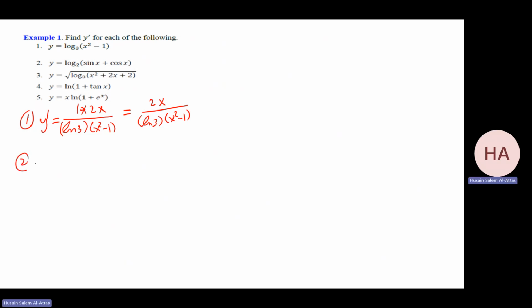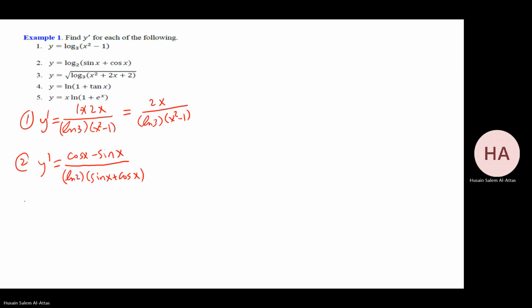Number 2, y prime will be what? Same idea. I have ln 2 times u, which is sine x plus cosine x, times the derivative of this, which is cosine x minus sine x.